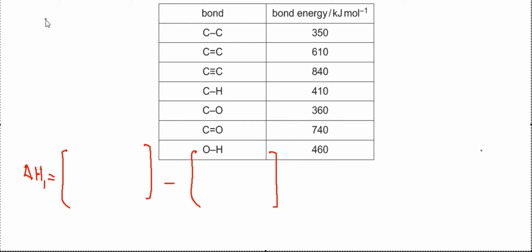So here I'm writing the reactants. In the reactant we have ethene, which makes this type of bonds. Remember, your grip on the displayed formula is a must. If you know how to draw the displayed formula of the molecules, both organic and inorganic, then this will help you a lot. Okay, if you are unable, then it will be a troublemaker for you.